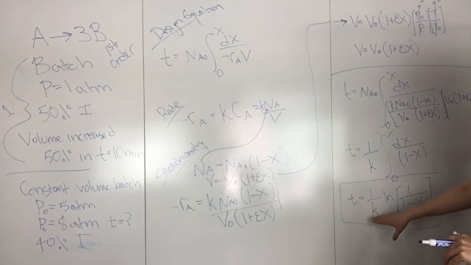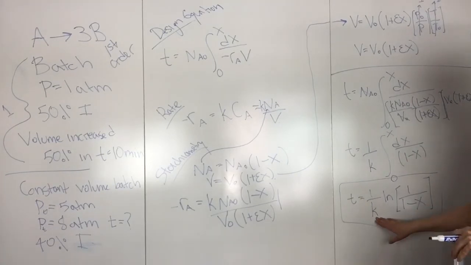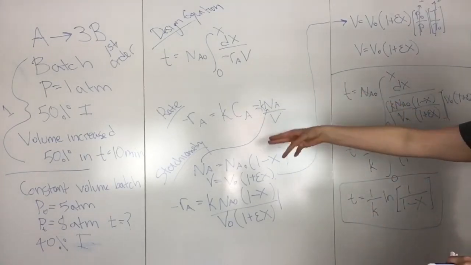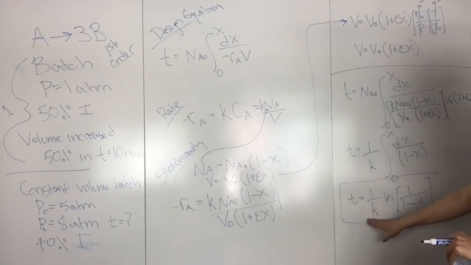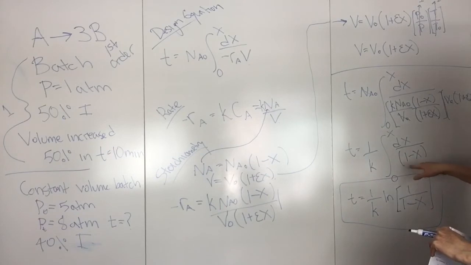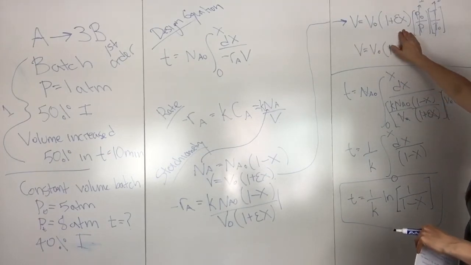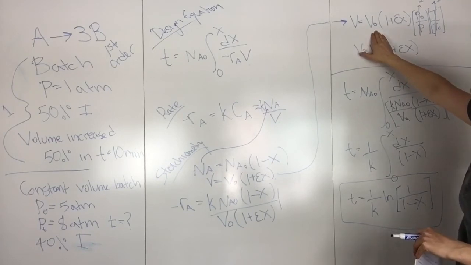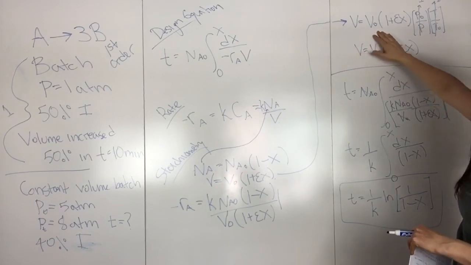For instance, we don't know what K is, and we have enough information from this reactor that we should be able to calculate K. So what we do need in order to calculate K is X. And so if we go back to this equation, we know the volume change, so we know what V over V naught is.